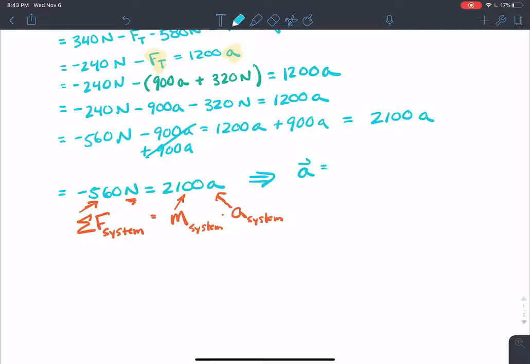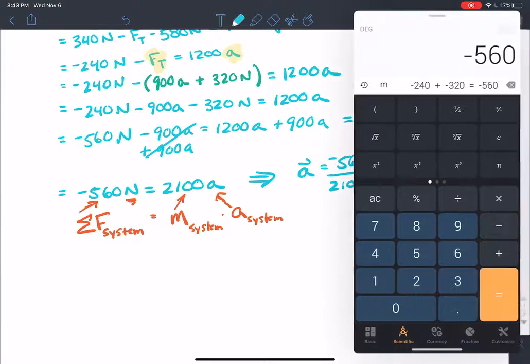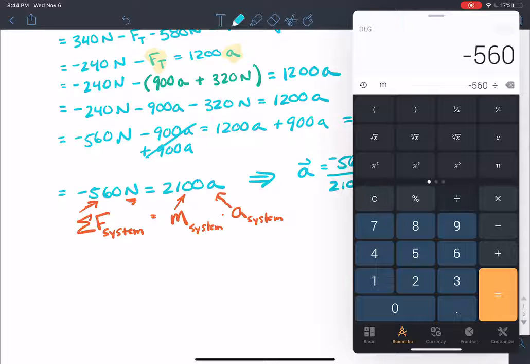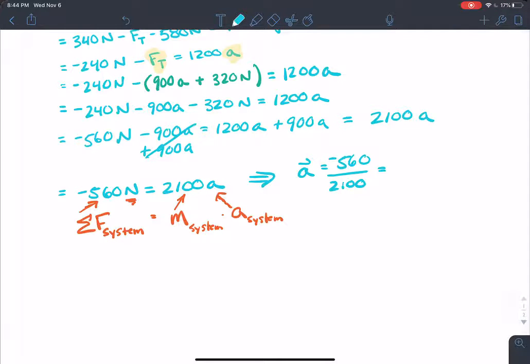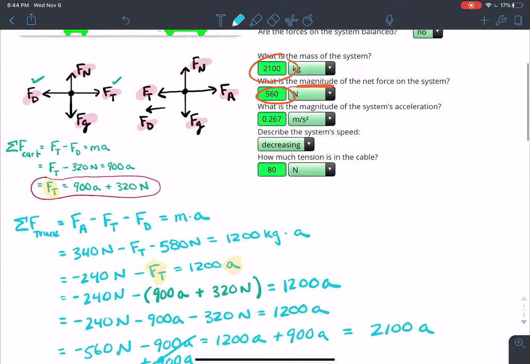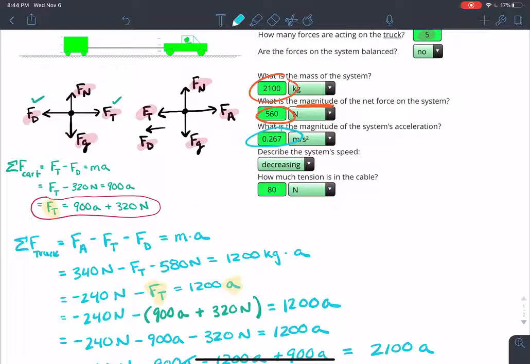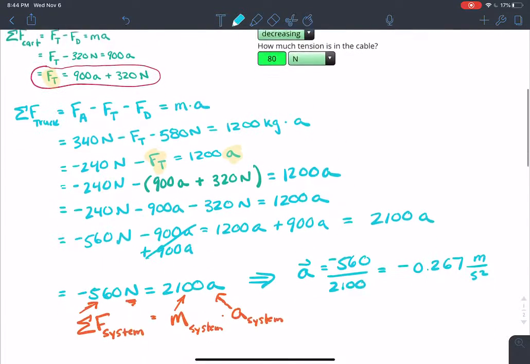A is equal to negative 560 divided by 2100. I get negative 0.267 meters per second squared. And go up, and we see that's the value. Excellent.